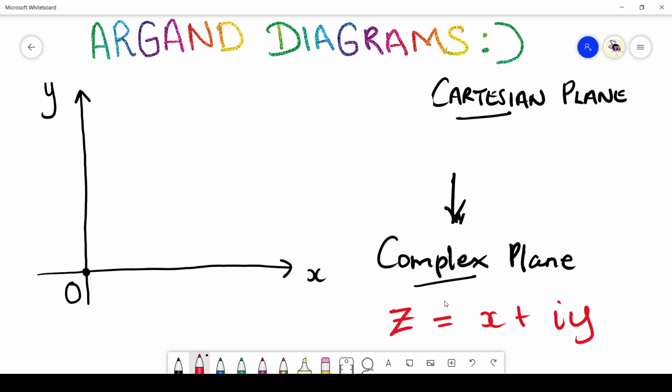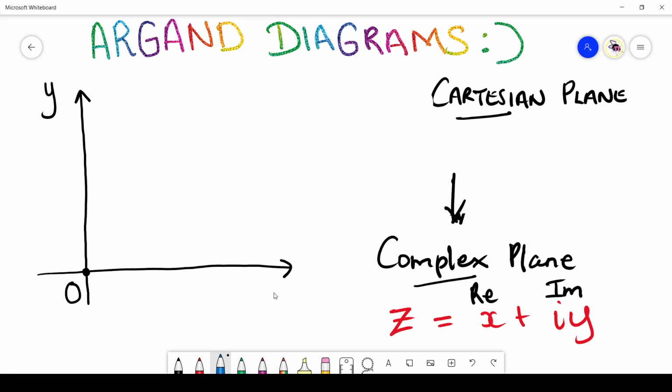And yes, you're seeing components of x and y present, but that doesn't mean that it's plottable on the Cartesian plane. What we do need to understand is that one part of a complex number is real, and the other part is imaginary. And those are what we're going to use to represent the renaming of our axes.